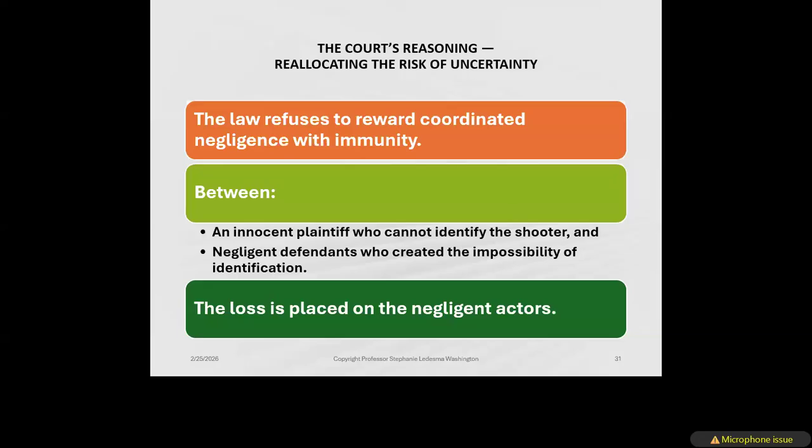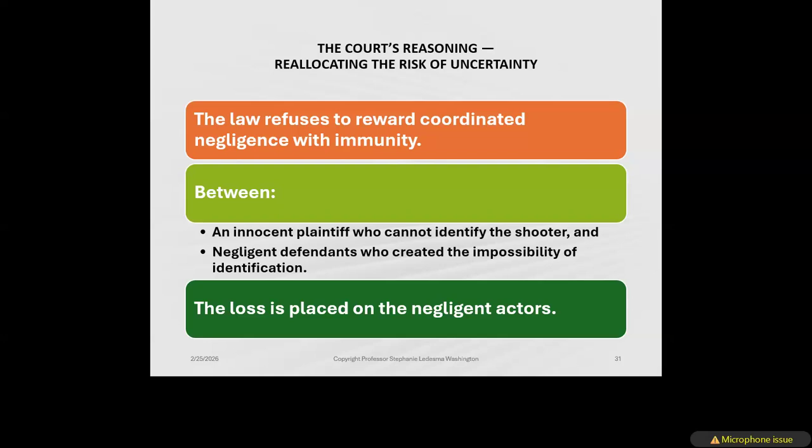Here's a deeper principle. At the bottom, the court recognized that strict adherence to traditional burden allocation would allow negligence to escape responsibility whenever wrongdoers acted simultaneously. And the law refuses to reward coordinated negligence with immunity.